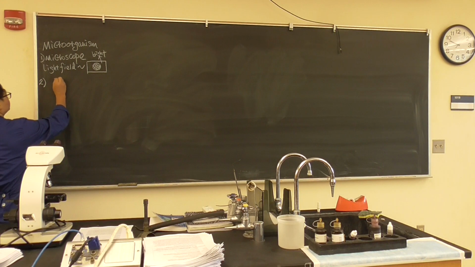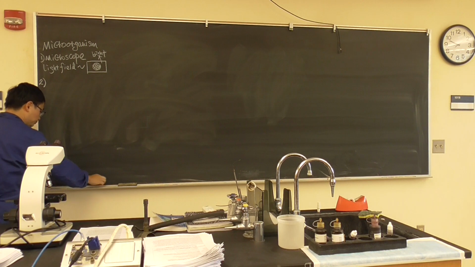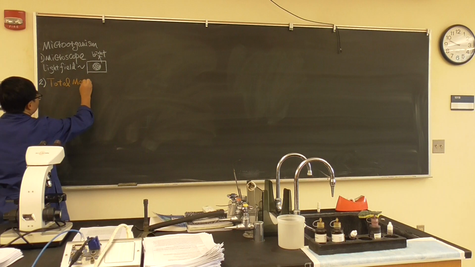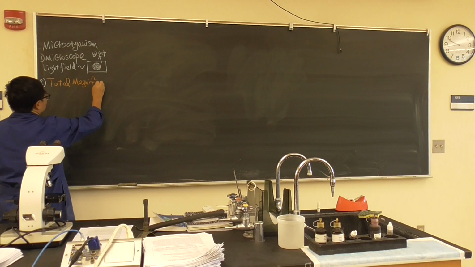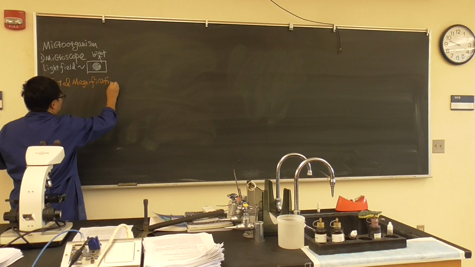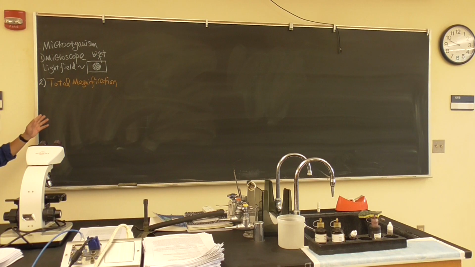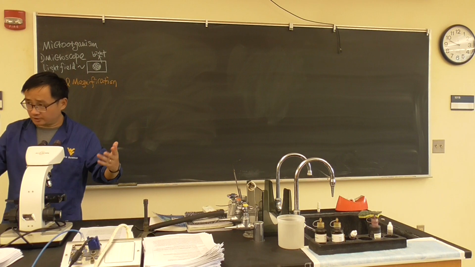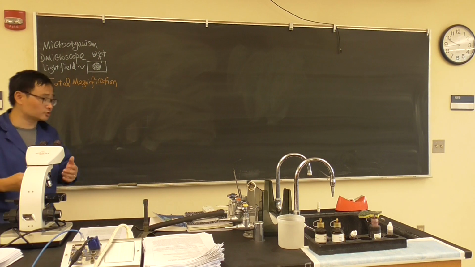First thing first, we call the total magnification. So for microscope, obviously, we want to magnify. Because it's too small, so we magnify it. You use your naked eye, you can see.